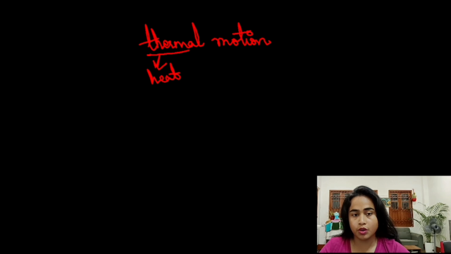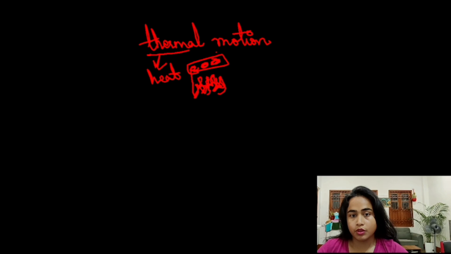So because of thermal motions, the atoms are never stationary, they are never fixed. If you apply heat to these paramagnetic substances, the atoms are going to move vigorously here and there.